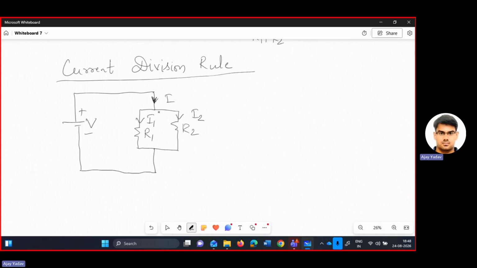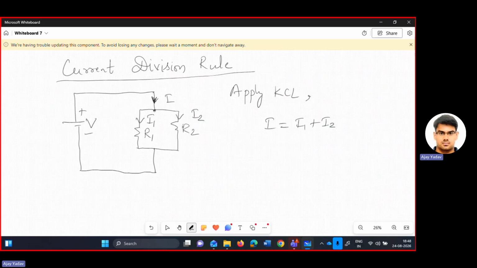So if we apply KCL at this node, then I is I1 plus I2. And I1, from the earlier explanations, is V by R1.